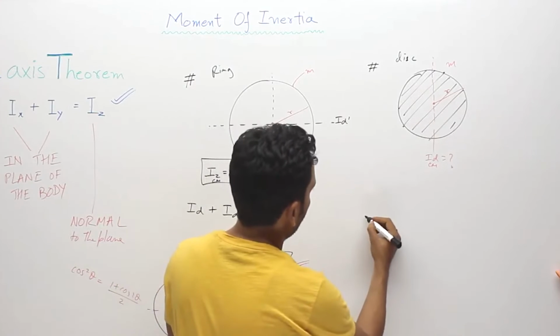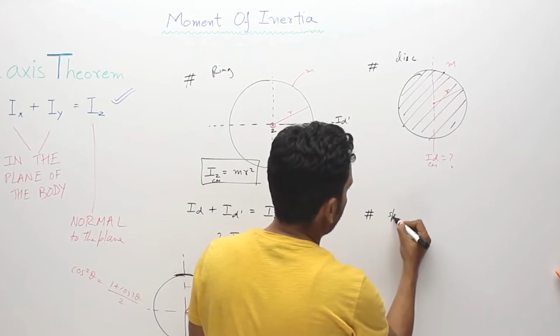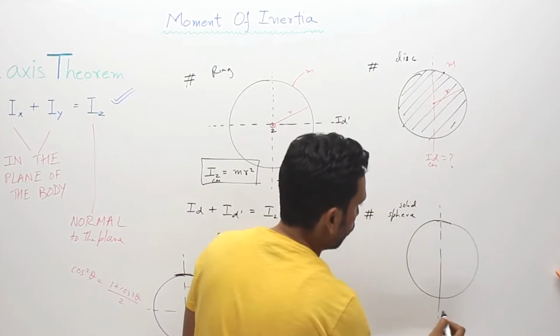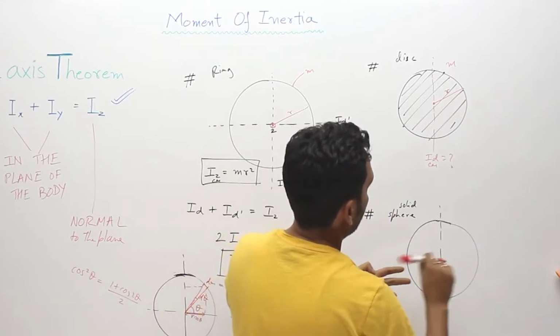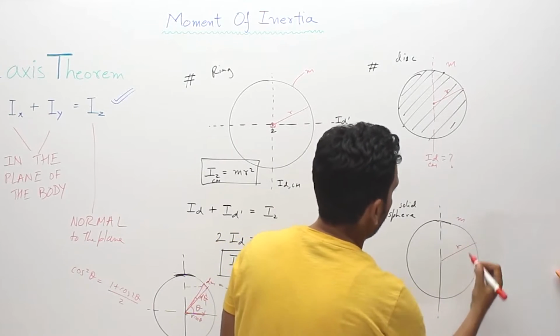And why not one more, for a sphere, say solid, through one of the diameters, mass is M and radius is R.